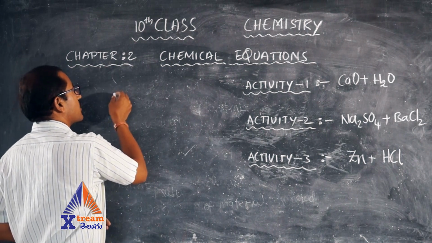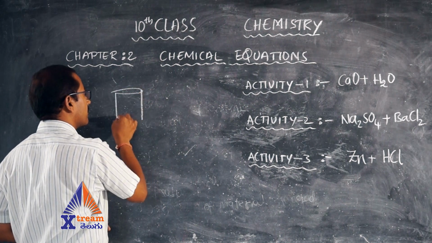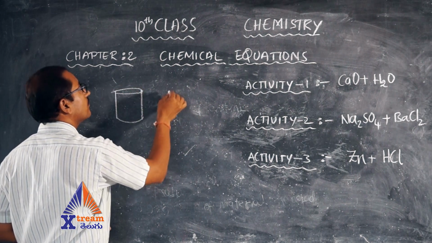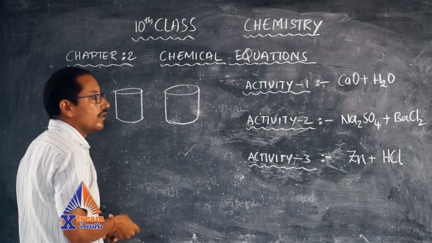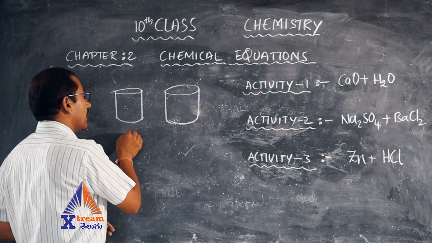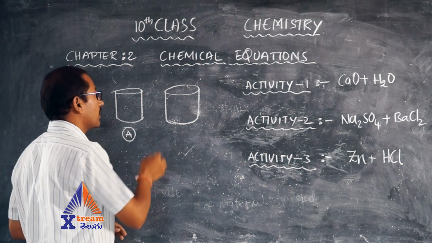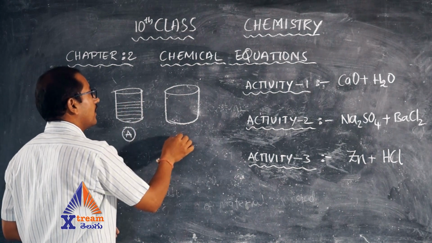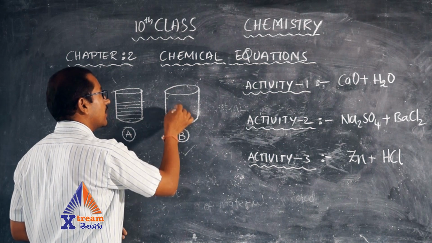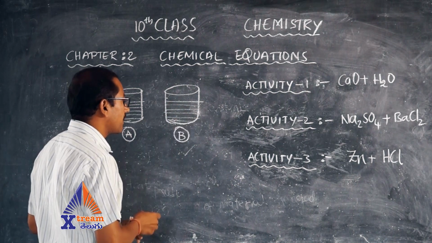In activity number 2, we are taking 2 beakers. In beaker number 1, which is labeled A, we took 100 ml water, and in beaker number 2, which is labeled B, there also we took 100 ml water.